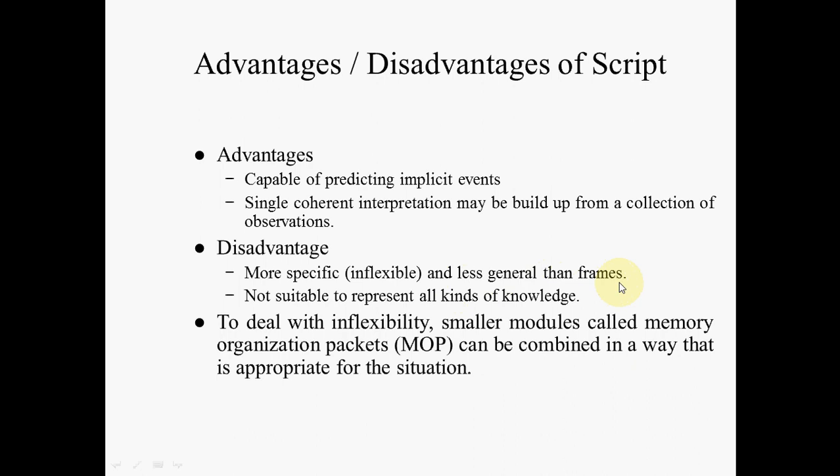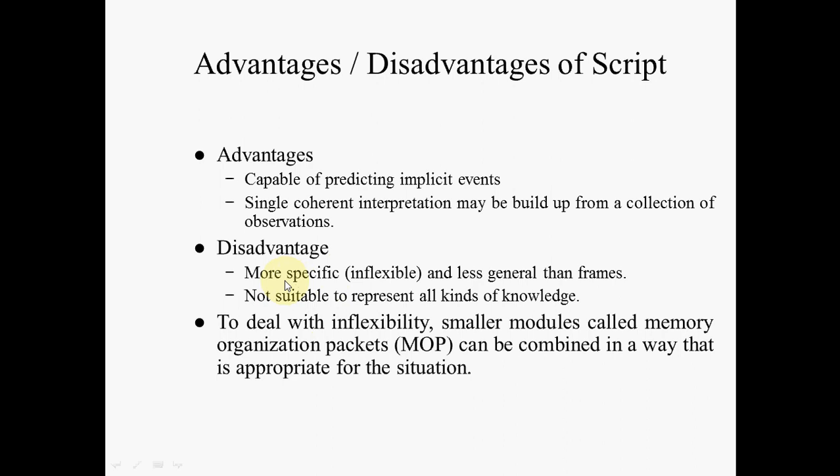Basically, these scripts are more specific, as I told you, because if it is a restaurant scene, then you have to specify the track, coffee shop. As you narrow down, you become more and more specific. So there is very little generalization. That's an advantage, but at the same time it is a disadvantage also, because there are different types of restaurant.